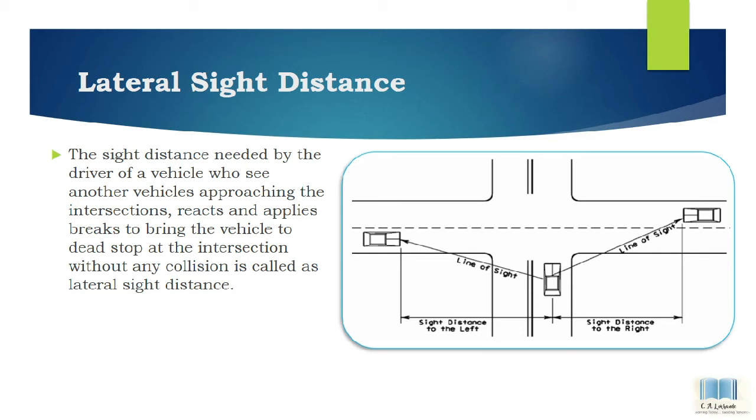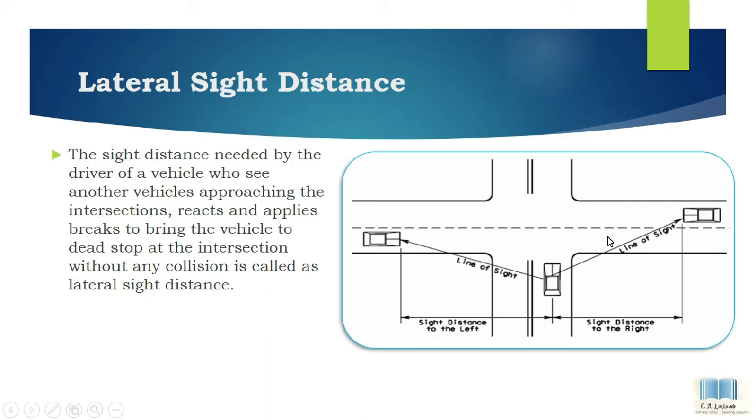Now see, this is the diagram of lateral sight distance. This is the lateral sight distance for vehicle A. Suppose this is vehicle A and this is vehicle B. From vehicle B to point C is the lateral sight distance, and from vehicle A to point C is also lateral sight distance.